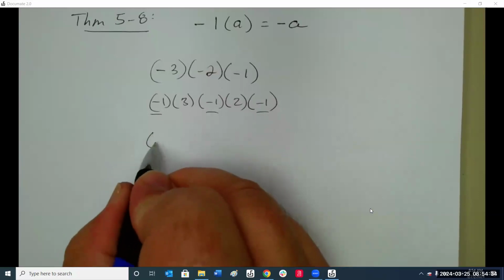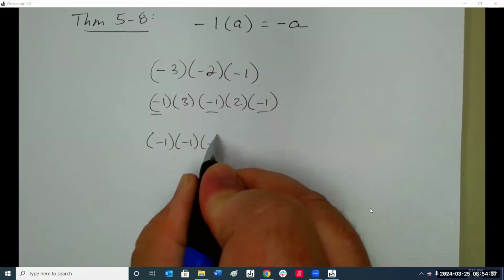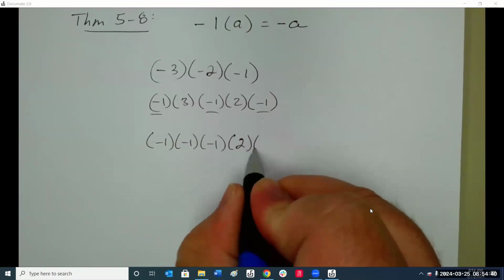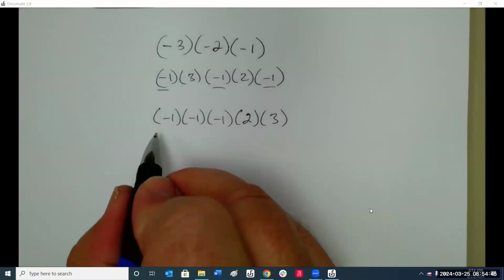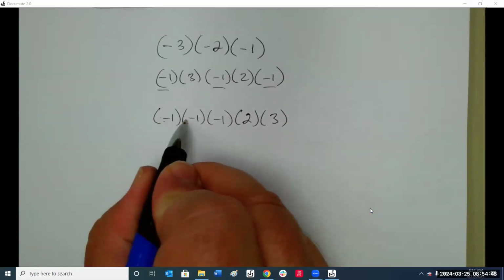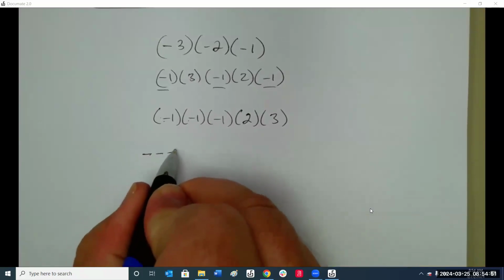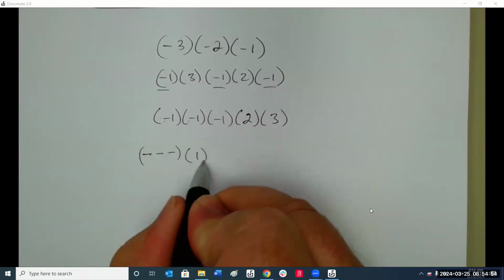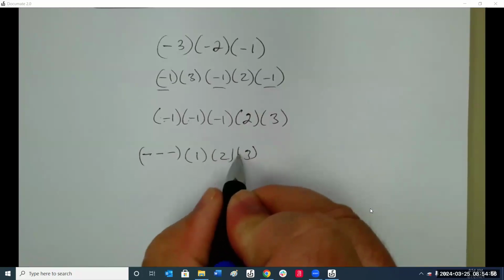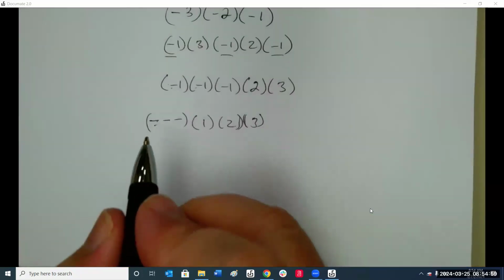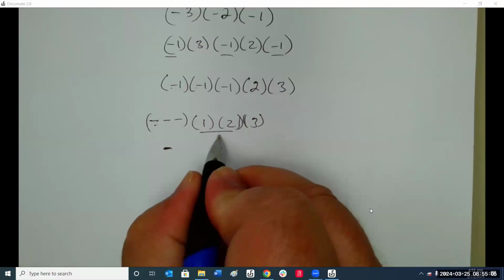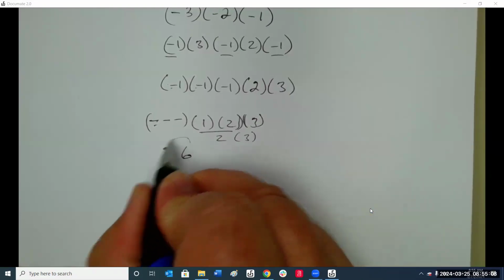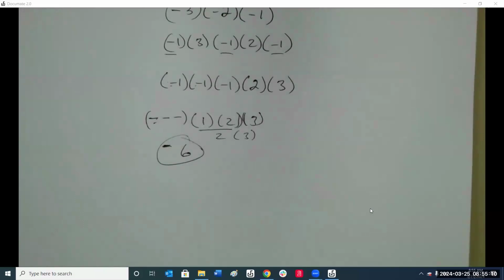And we could group them up, so that's -1, -1, -1, a 2, and a 3. So now that there are 3 negatives, is it positive or negative if you have 3? It's negative. So now we go 1 times 2 is 2, times 3 is 6. So we could distribute it, expand it that way to show that that's what's going to happen.